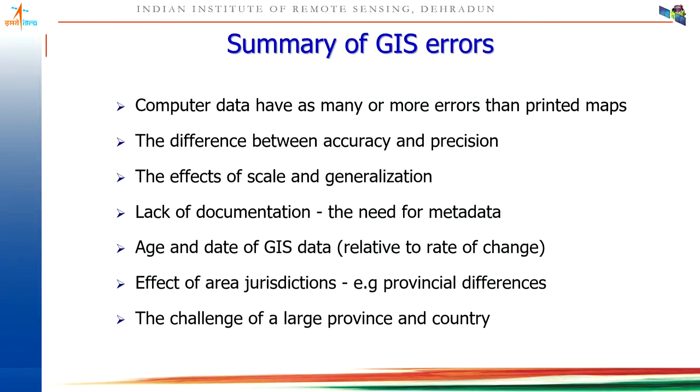The age of the data in GIS is also very important; you have to record when the data was created and captured. The effect of area is also important, like your boundaries and legal issues, which you have to take care of here. These challenges are very important, and you have to take care when you are involved in any GIS project.